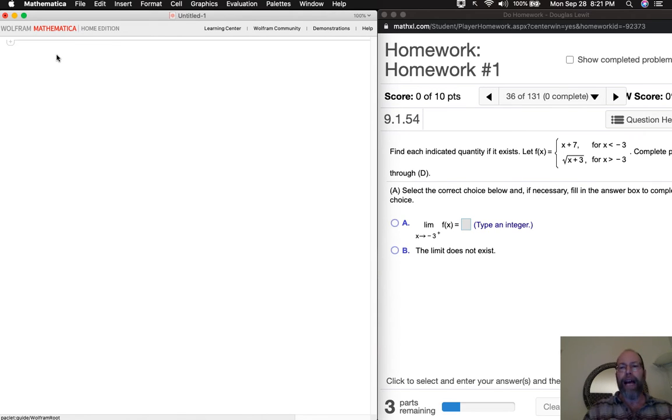However, this is not an advanced calculus course. This is a basic calculus course, intended for business majors and people majoring in the social sciences. So a lot of the problems in this course actually can be analyzed graphically. So what I strongly recommend is that you learn to graph these problems.